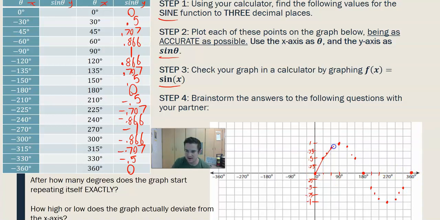So this side of my graph, if I connect the dots here, kind of looks like that. Little mountain and a valley situation.